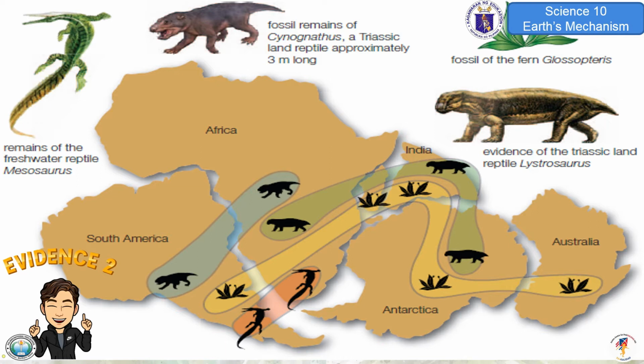There are various examples of fossils found on separate continents, wherein this would have been impossible if the continents had been separated by vast oceans and seas years and years ago, such as the Glossopteris fossils, the Cynognathus, and the Mesosaurus.